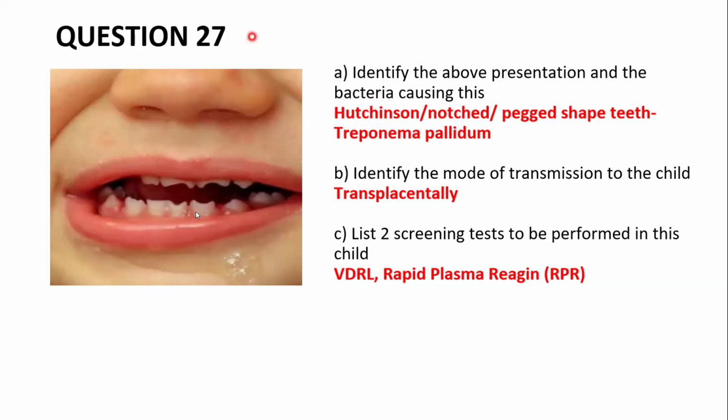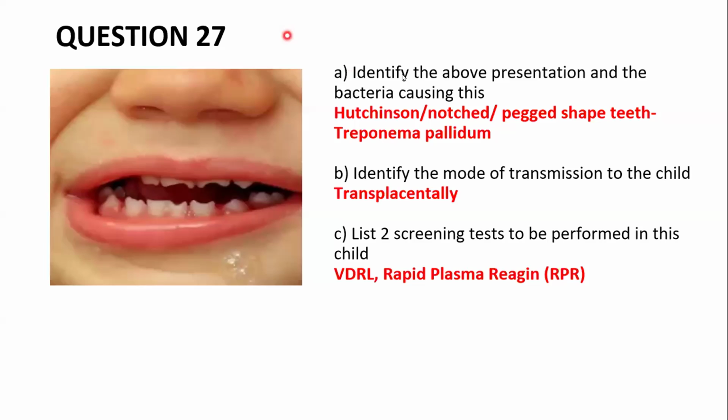So what are the aspects of congenital syphilis? Because you can be asked. What are the features of congenital syphilis? There are quite a few. On the face, what do we have? Mulberry molars, very good.